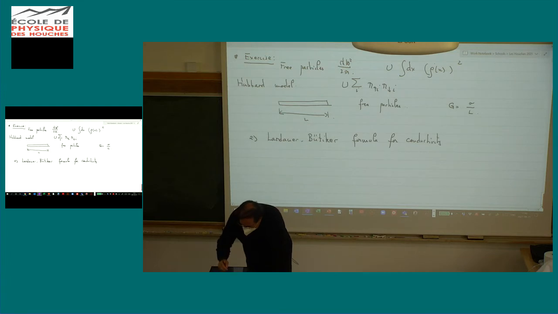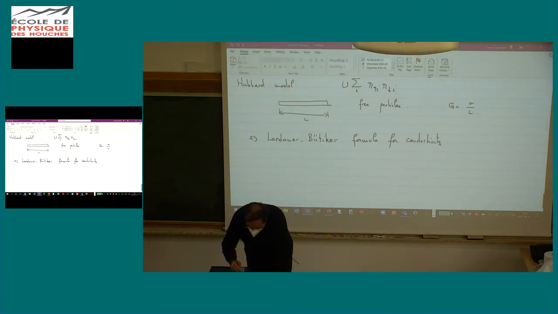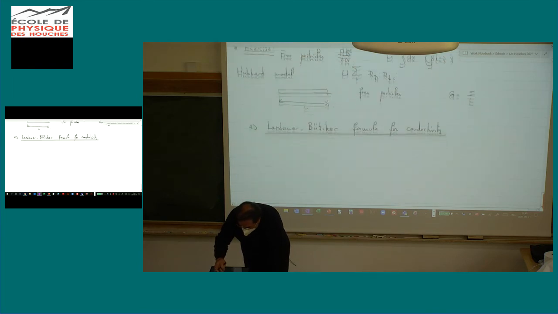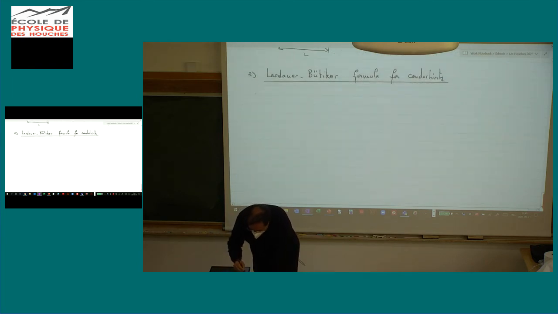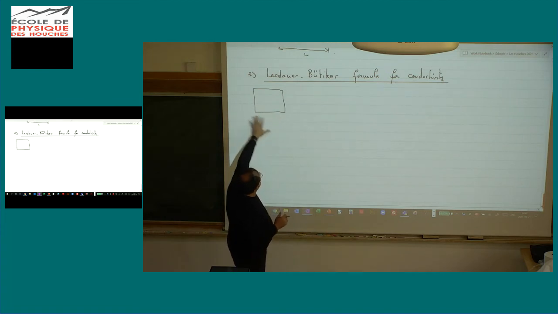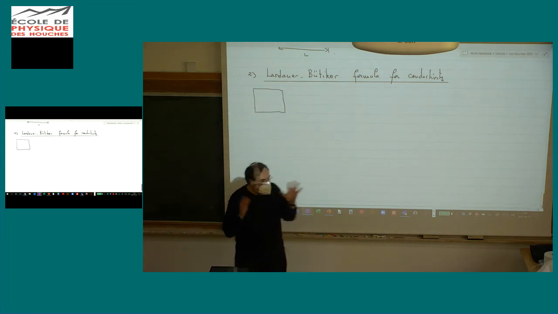So you see, the Kubo formula is really a vision which is rooted in saying I apply an external electric field and I have a perturbation which is a current. So it's not, of course, a local response because it can encompass interactions at long range, but it's a kind of vision where I don't need to know what the boundaries of my system are.